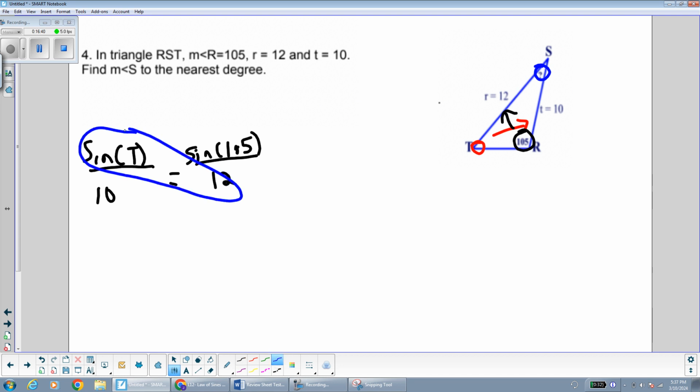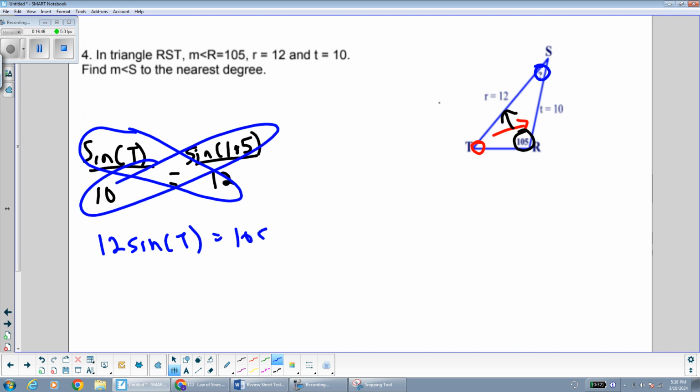I'm going to cross multiply: 12 sine of angle T equals 10 sine 105. Remember, we want to get the T by itself, so we're going to divide both sides by 12. So now we have sine of angle T equals 10 sine 105 over 12.